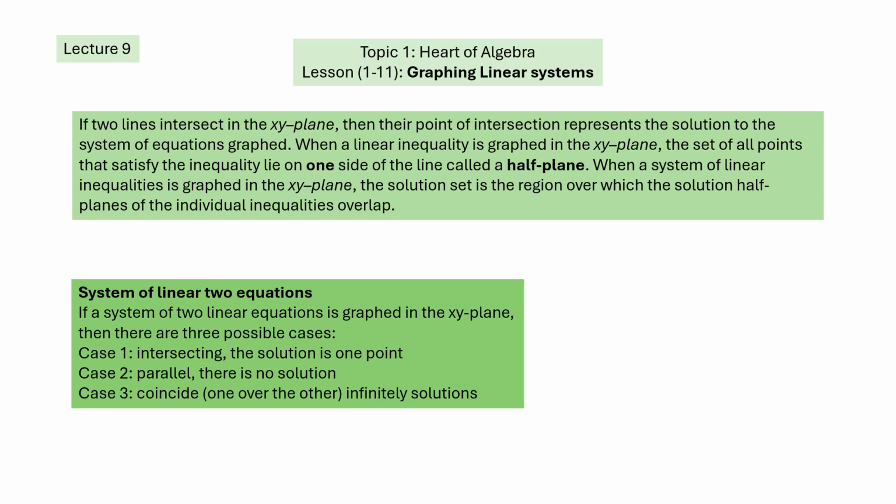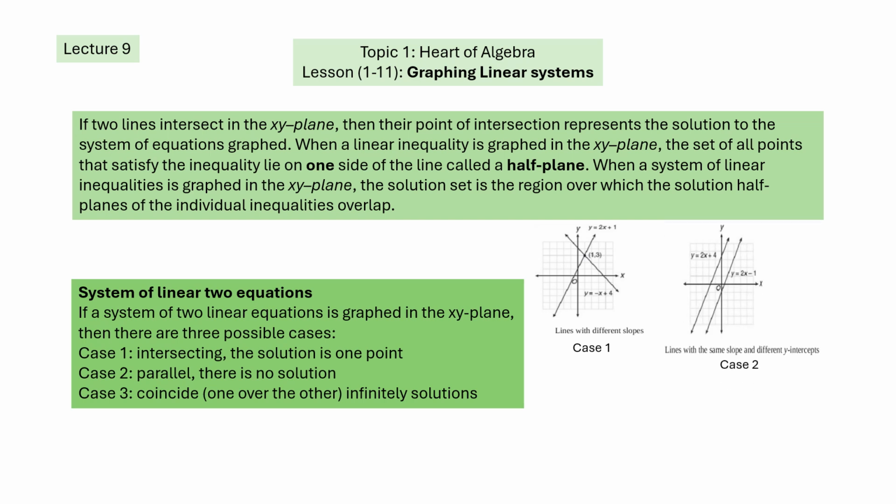Case number 1, intersecting: the solution set is 1 point, as you see in the graph. Case 2, parallel lines: there is no solution, as you see in the case 2 graph. Coincide means one over the other: infinite solutions, because any point on one of them is considered a solution.